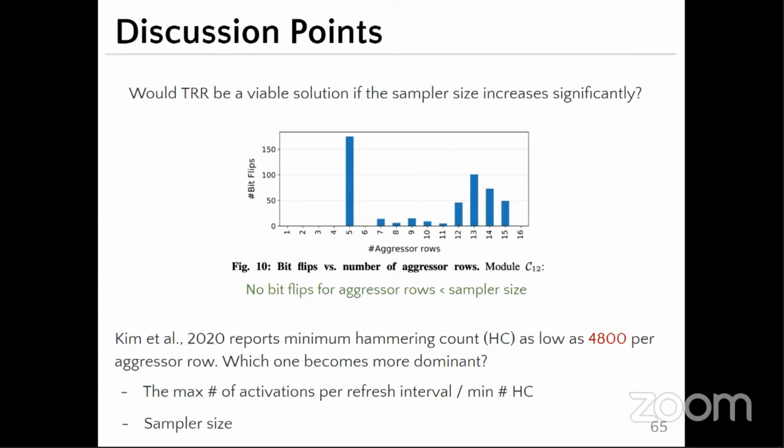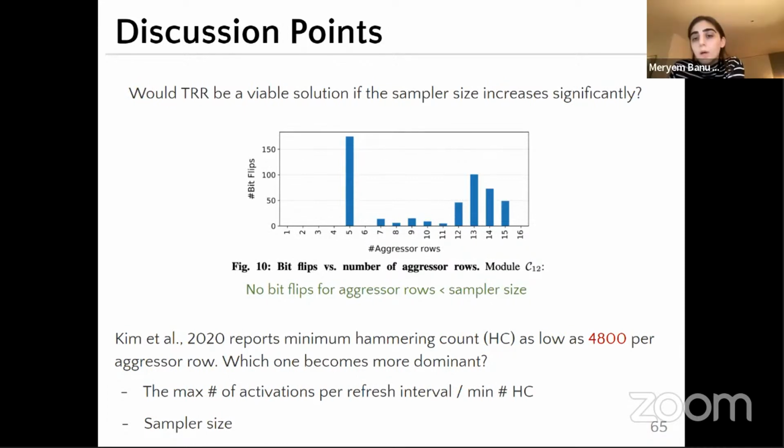So you're saying tracking more aggressor rows would help, right? Yes. The way TRRespass bypasses this TRR mechanism is that it creates many-sided RowHammer attacks, right? So you have many aggressive rows, and since your sampler size is limited, you overflow the sampler at some point.